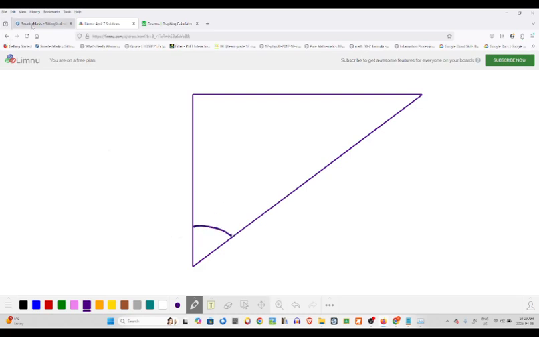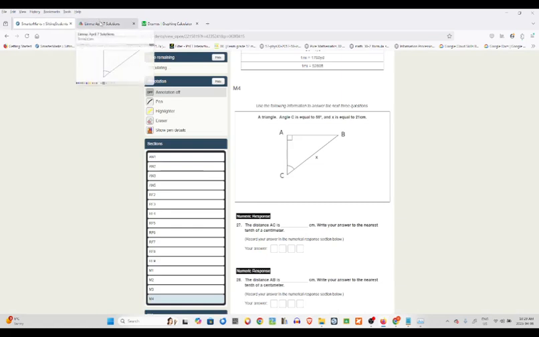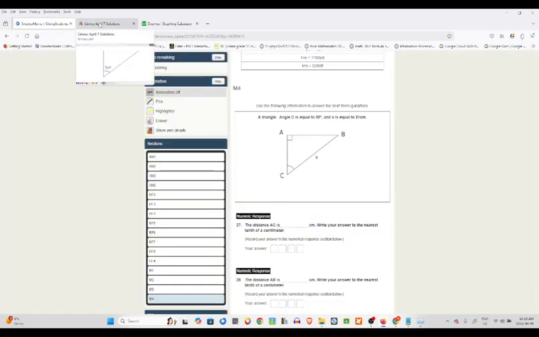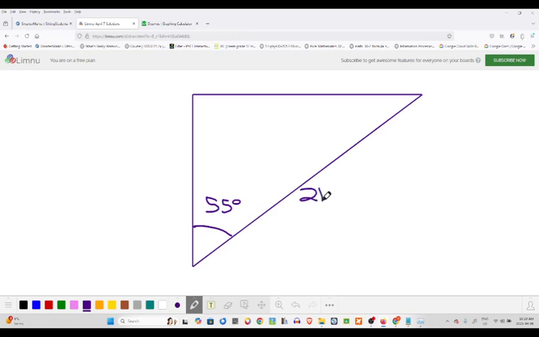This angle down here is given as 55 degrees, not radians or some other, and this one is 21 centimeters. This is a right angle.